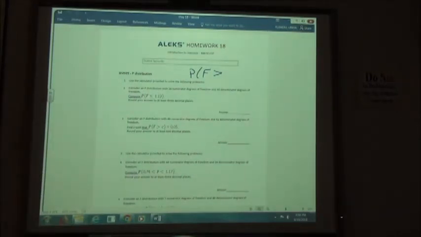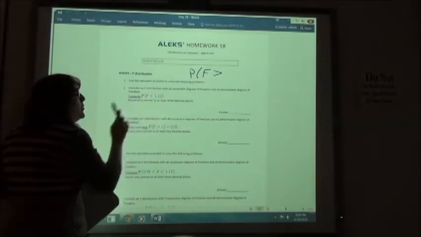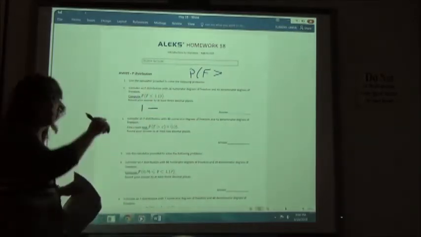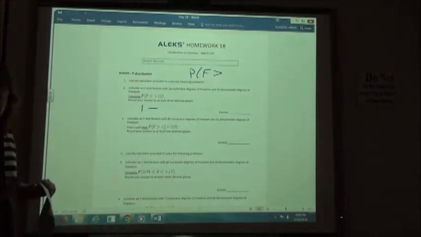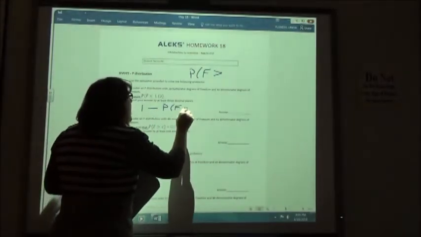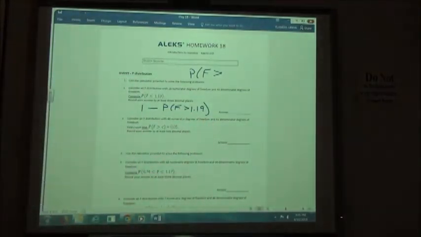Just like we did before on all the other ones. So we want to do P of F is less than or equal to 1.19. So we're going to do 1 minus that because on the calculator it does greater. We want the less. So 1 minus P of F is greater than 1.19 is how we're going to calculate our number.